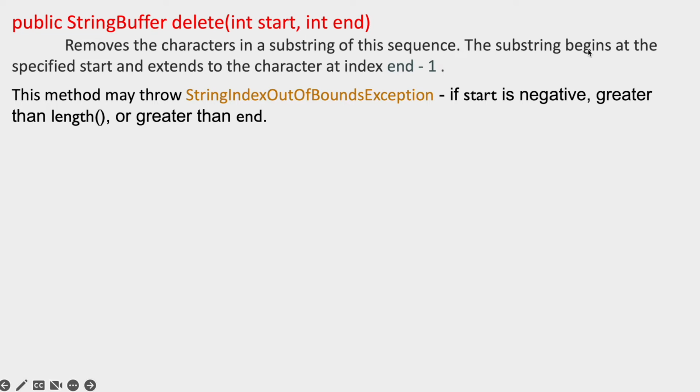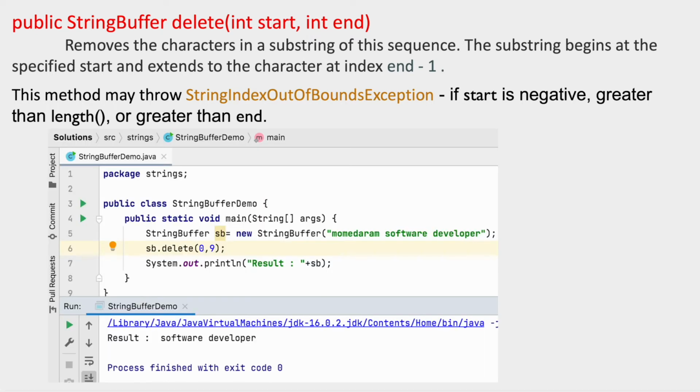The substring begins at the specified start and ends at the character at index end minus 1, and this method may throw a StringIndexOutOfBoundsException if the start value is negative, or it is greater than the length of the StringBuffer object, or greater than the specified end value. So let us see an example so that we can understand clearly how this delete method works.